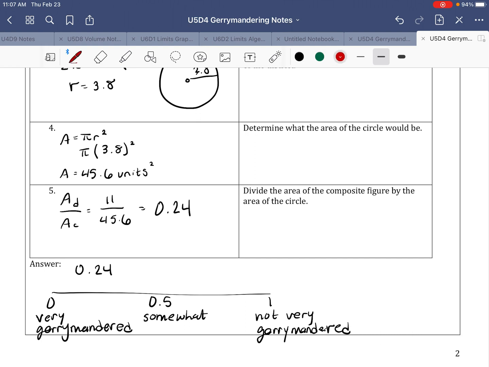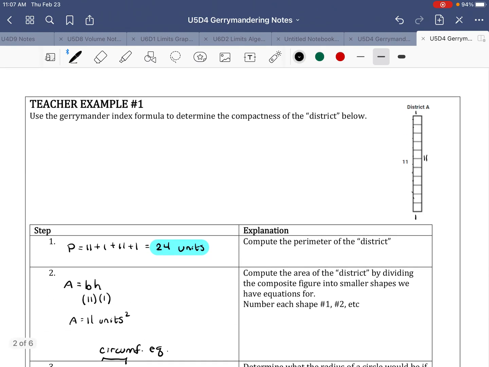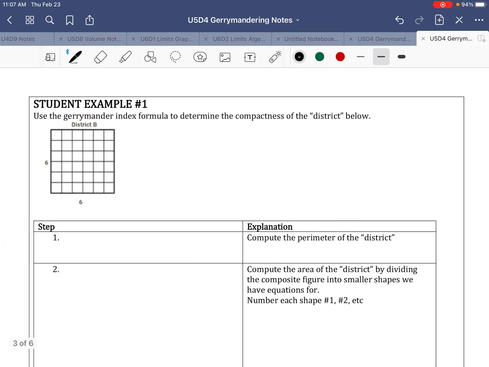Since this value, 0.24, falls between 0 and 0.5, we can say that this district is relatively gerrymandered. Which again makes sense because it's a pretty skinny district, and we're looking at how close our original district is to being a full circle. And it's not very close to being a circle. Right? So take some time and try student example number 1.